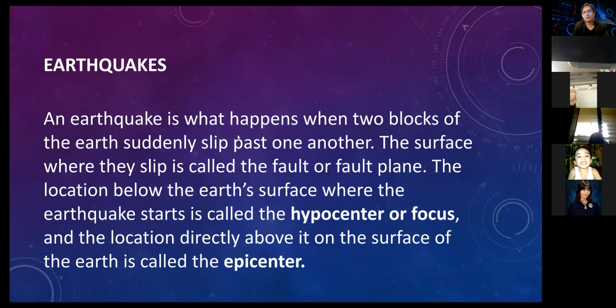An earthquake is what happens when two blocks of earth or crust suddenly slip apart or slip past one another. The surface where the slip occurs is called the fault or fault plane. The location below the earth's surface where the earthquake starts is called the hypocenter or focus. The location directly above on the surface is called the epicenter.